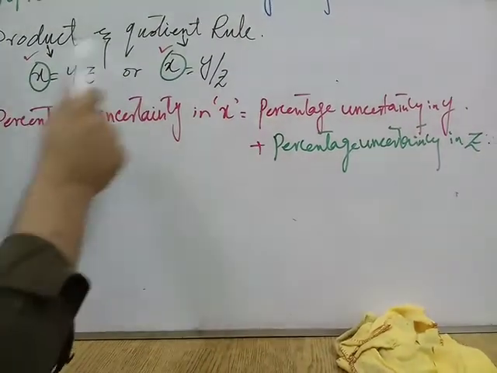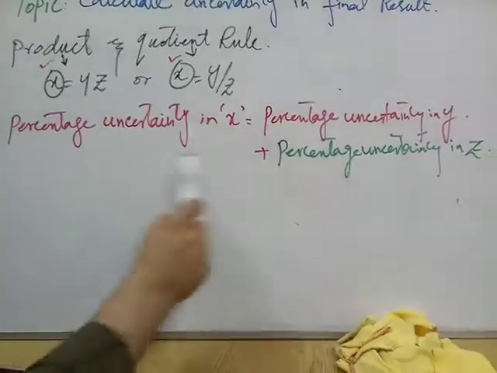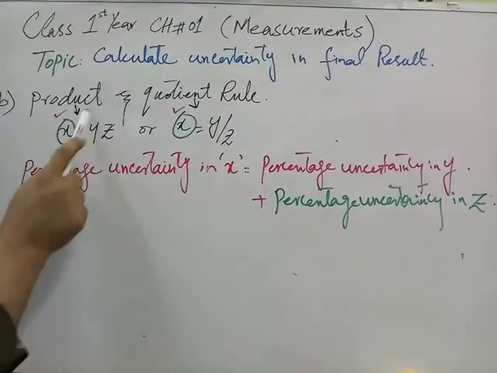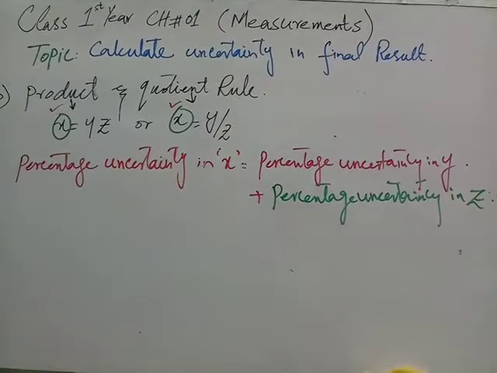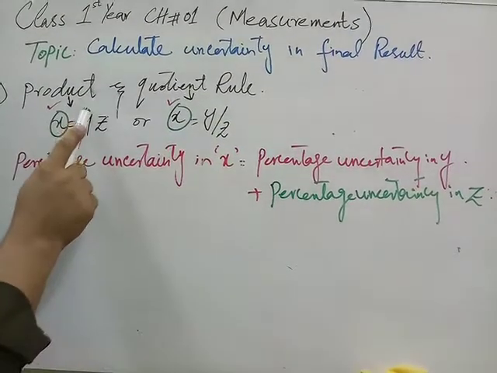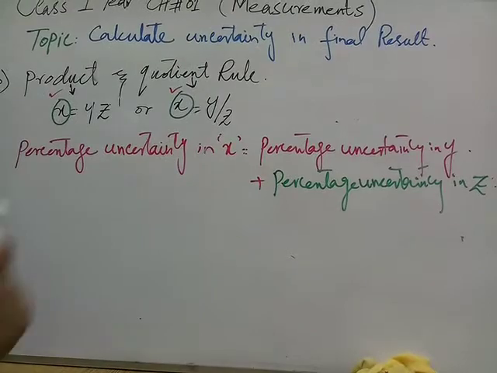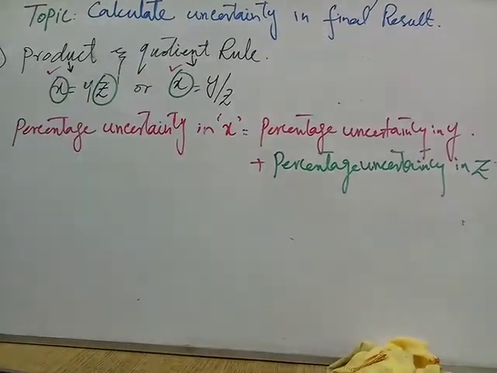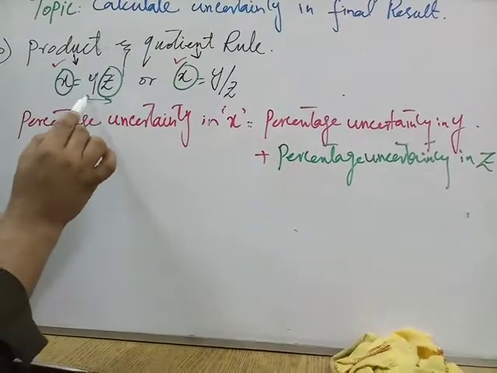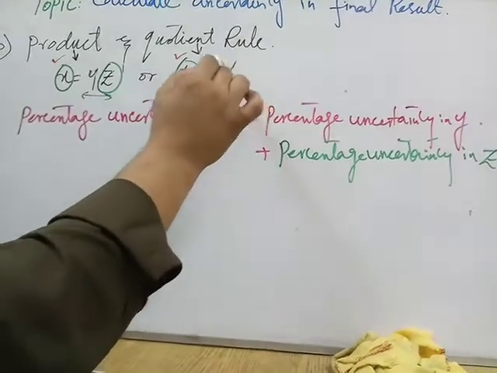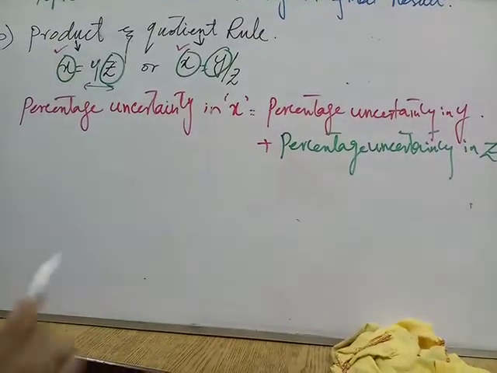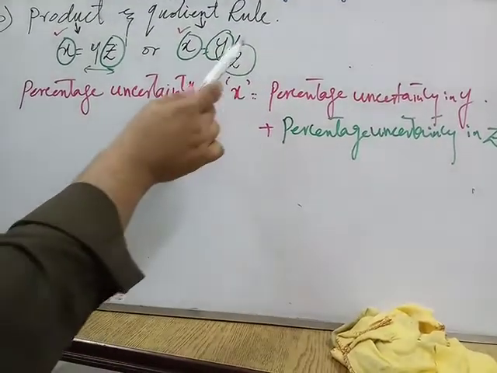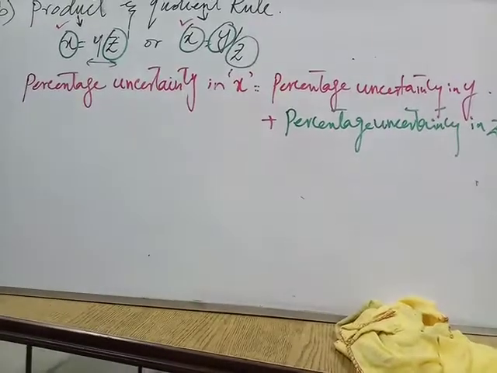For both rules, we just add all the percentage uncertainties: first we find the percentage uncertainty in y, then in z, and adding both answers gives the percentage uncertainty in x.